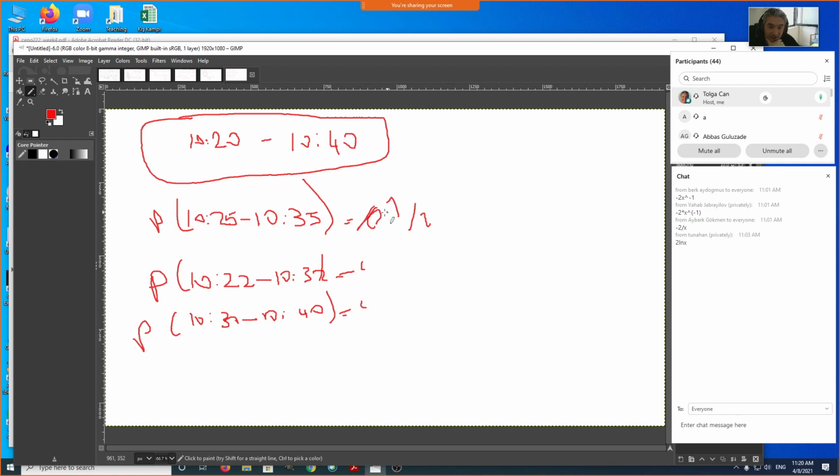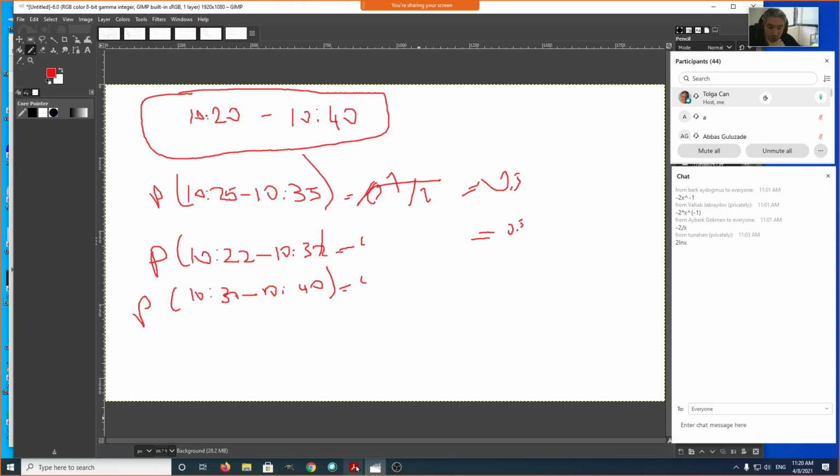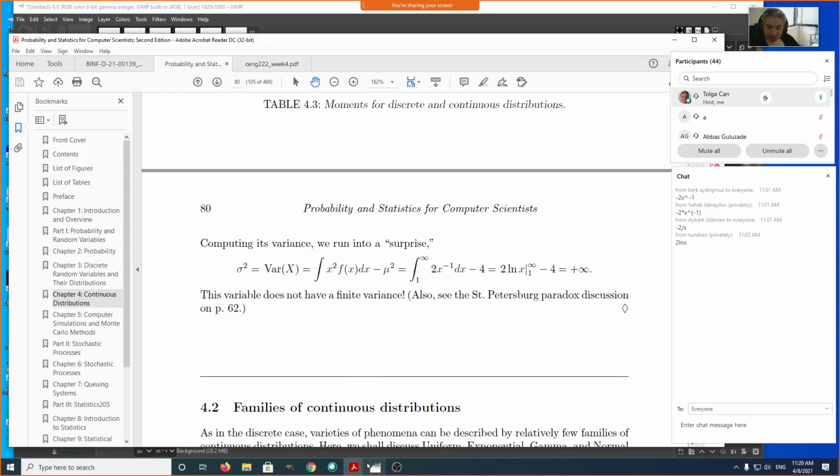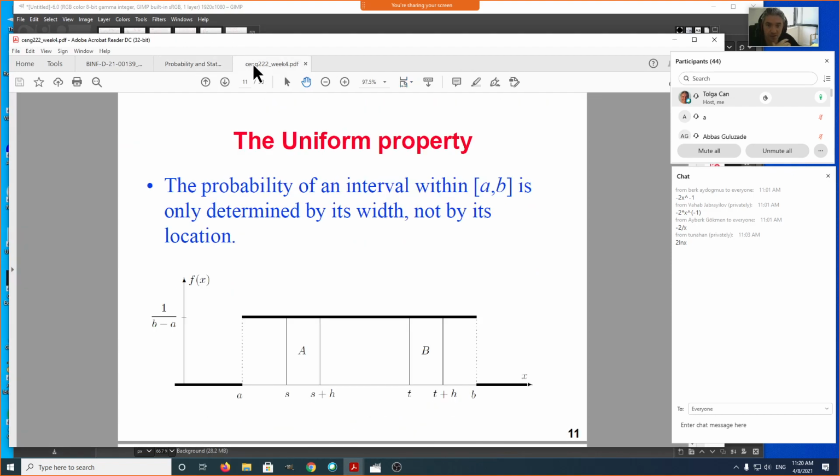It doesn't matter. They all are 0.5, 0.5, 0.5. So this is called the uniform property. It means that we can shift the probability when it's shifted within the interval that is defined.